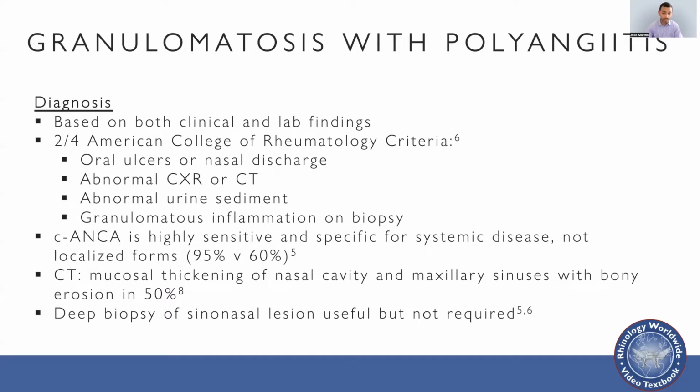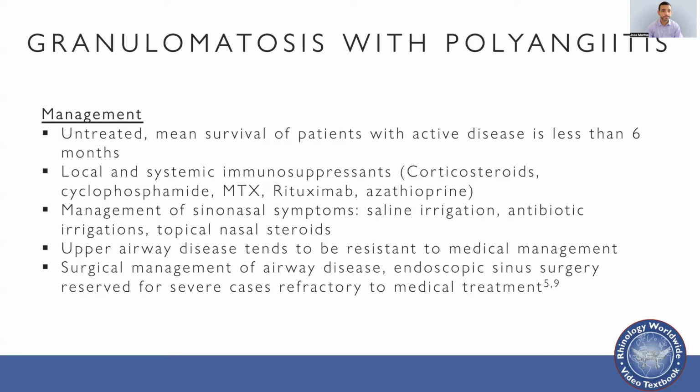Imaging can be helpful. It shows thickening of the nasal cavity mucosa, maxillary sinuses with bony erosion, but these findings are non-specific. A biopsy of the tissue can be helpful if the diagnosis is in question. The key here is that biopsy must be a deep biopsy. A superficial mucosal biopsy will almost certainly miss the diagnosis.